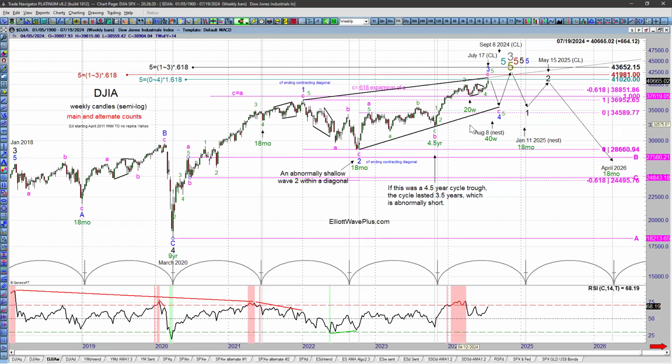So the reason it adjusts is, for instance, if this is a 4.5 year cycle, you're going to get a 20-week cycle, and then you're going to get another 20-week cycle, and that's going to complete a 40-week cycle. Now, Hurst might decide, and it might decide this in real time, that this 20-week cycle must have happened here.